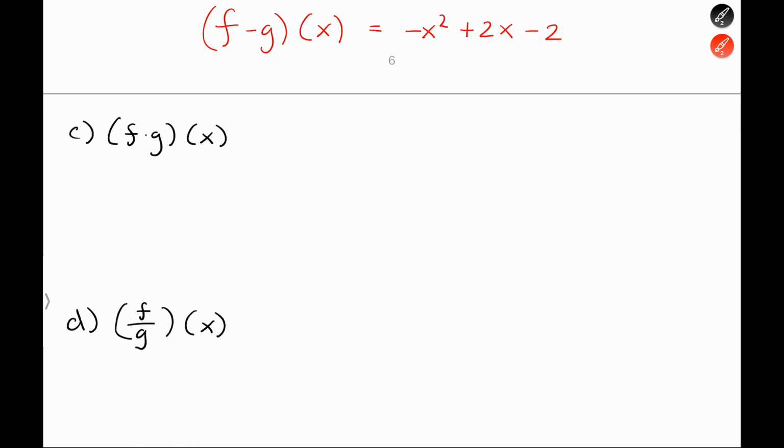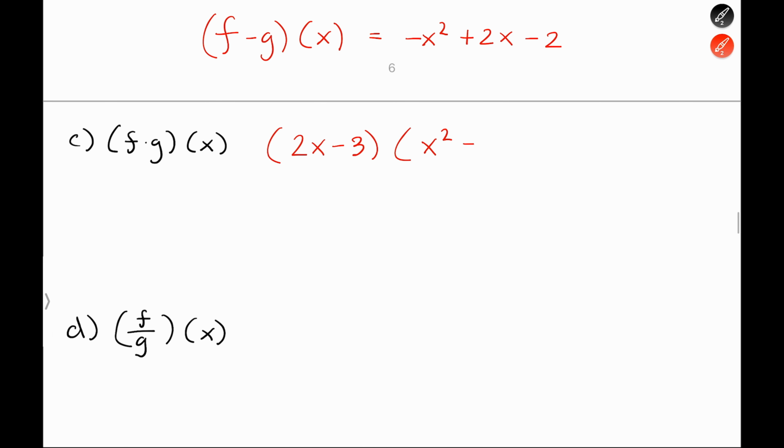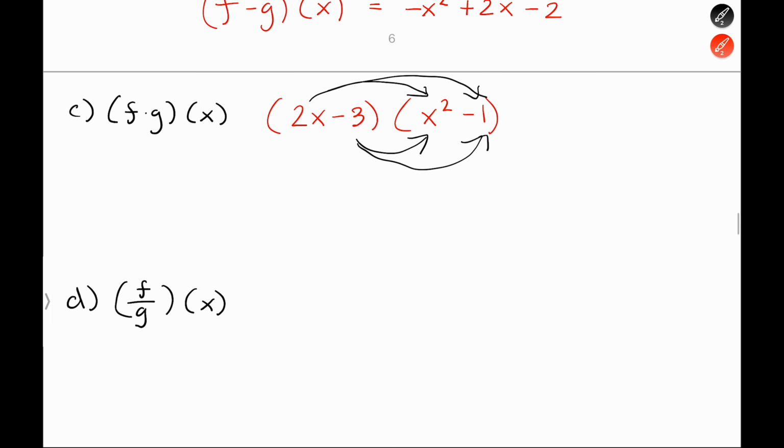For f times g of x, again we'll have the same thing, 2x minus 3 times x squared minus 1. So now we have to take it step by step and then factor. Let me do that with a different color. Factor in these and factor in these. So first we'll start with this.